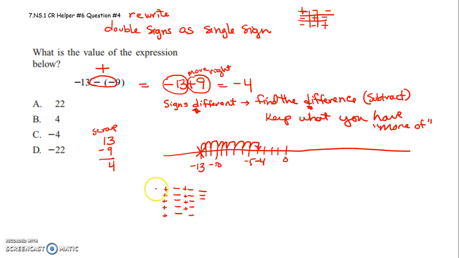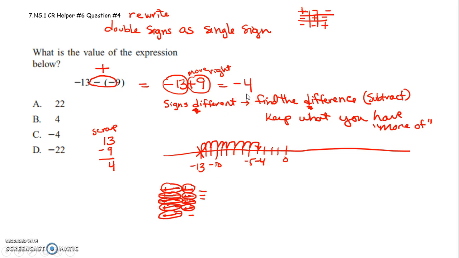And you know every positive negative pair, it's bye-bye, bye-bye, bye-bye. Every positive and negative pair, zero out. And once I zero out any positive and negative pairs, I say, what am I left with? 1, 2, 3, 4 negatives.